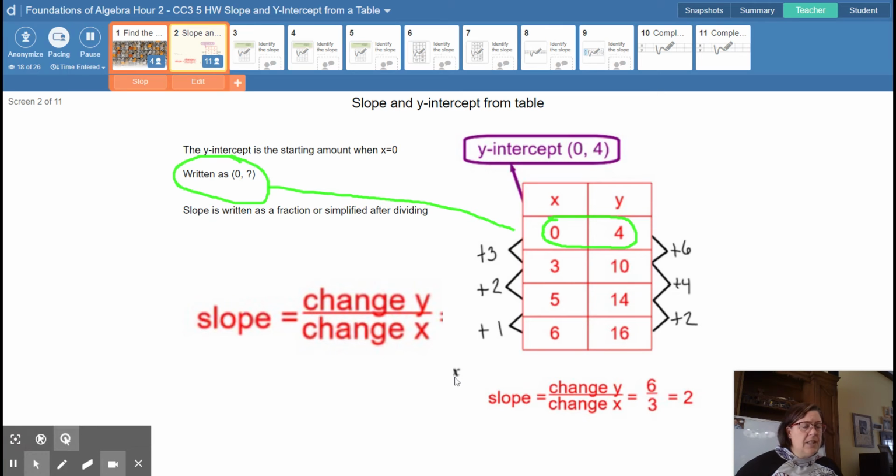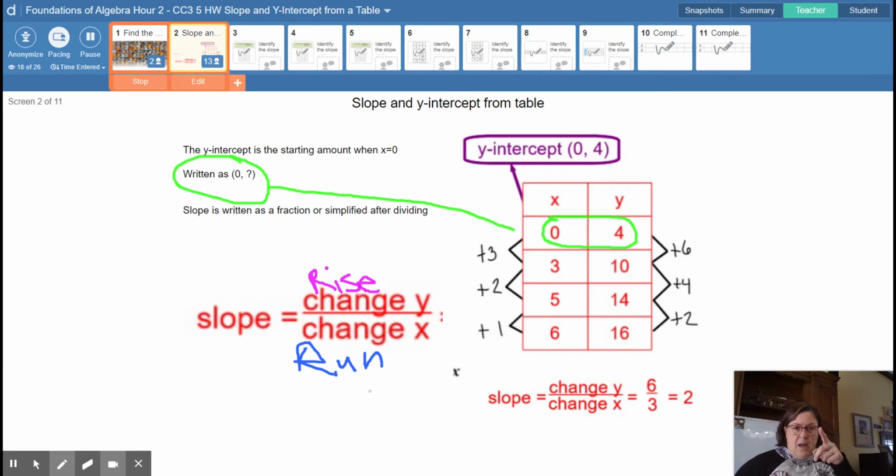Now, the next thing, like I talked about, is that we have slope. It's the change in y over the change in x. The other day, we talked about slope as being the rise, right? How much you go up or down over the run. And the run is the side to side, okay?